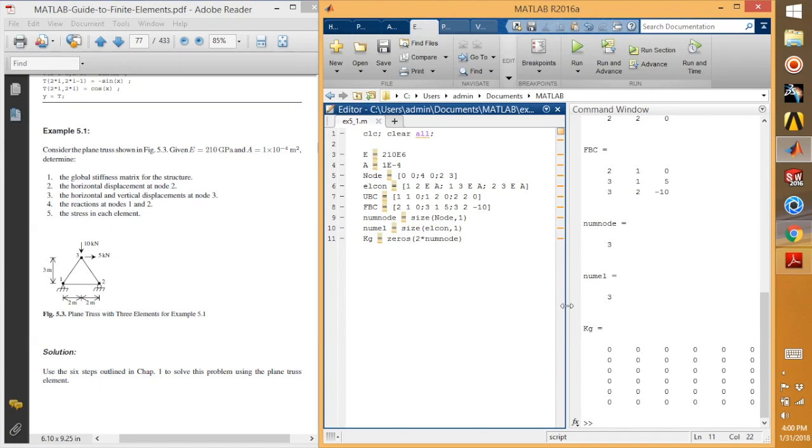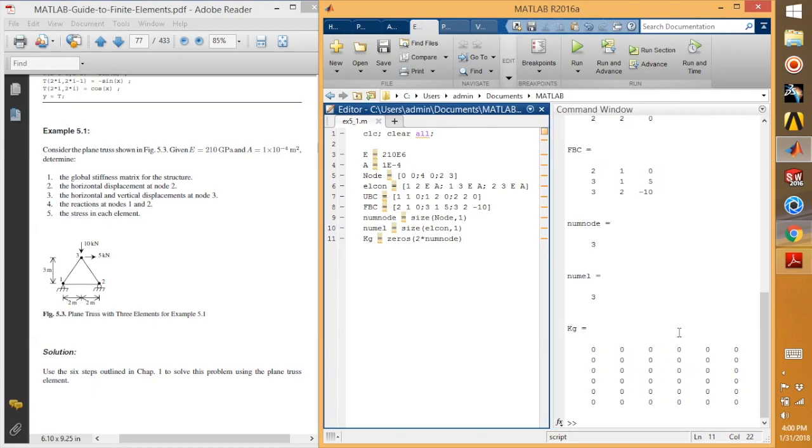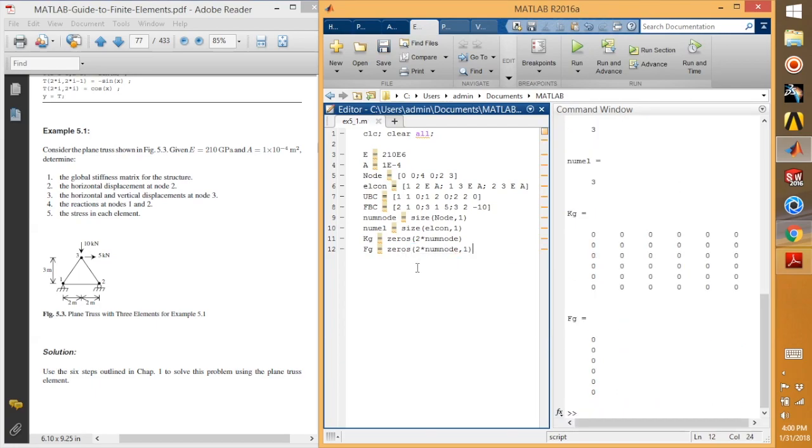Similarly, we are going to have reaction forces and the same for displacement, each of size 2 times number of nodes by 1.